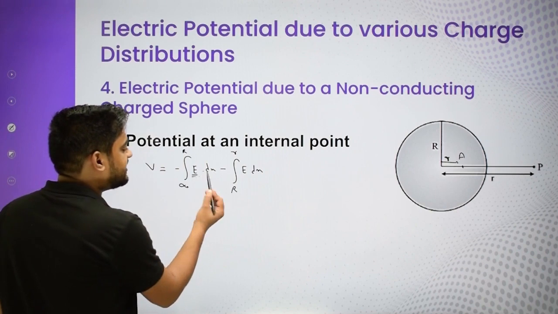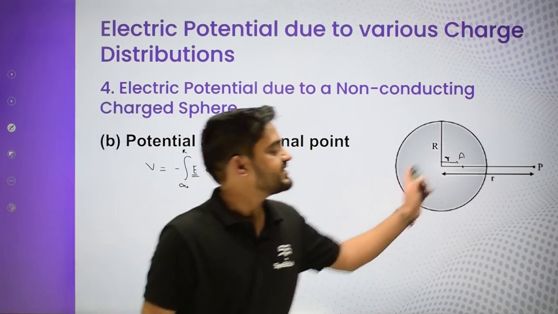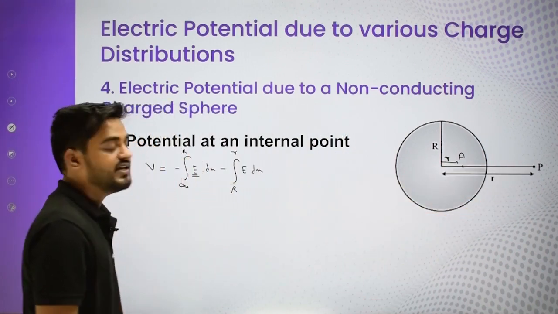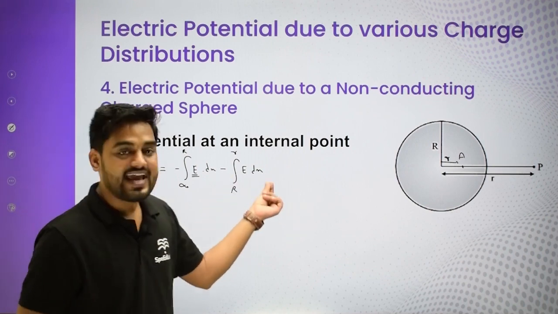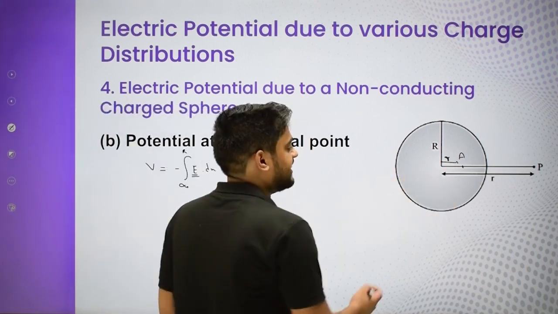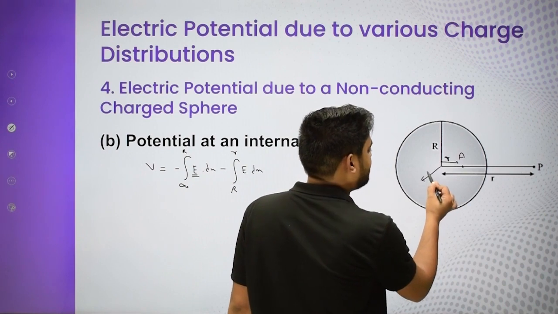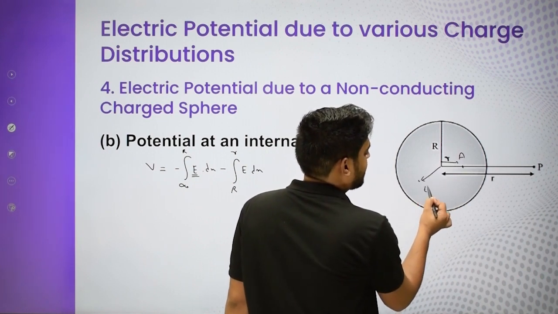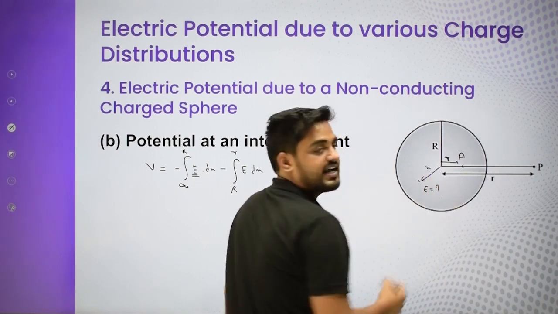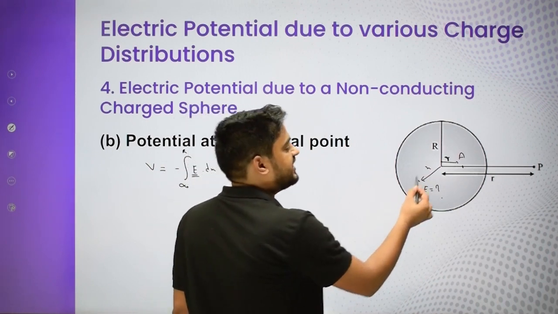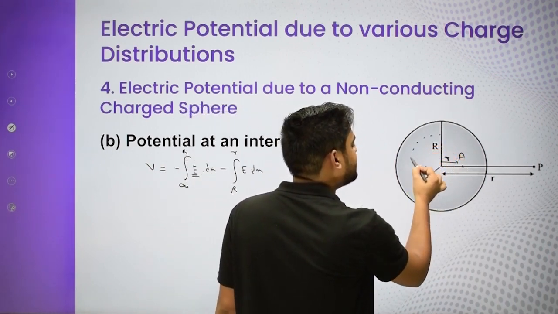Here the electric field I will use for the outside region, and for the inside part I will use the electric field at a distance x inside. So first let us find how much is the electric field E at a distance x from the center. I am going to split the sphere into two parts.